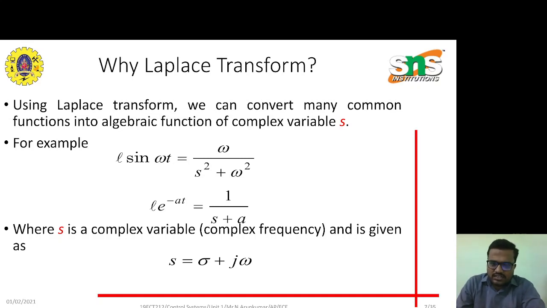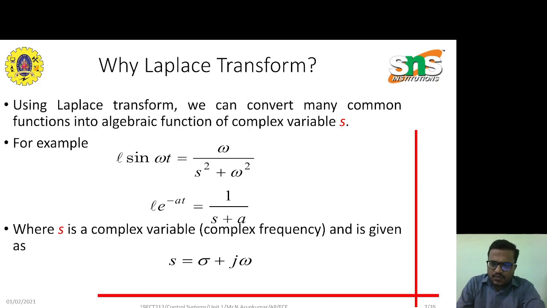One example is sine omega t, because sometimes we may get signals like sine, cos or tan. Laplace of sine omega t equals omega by s square plus omega square, because we are going to calculate only the system transfer function. That is possible only by using the Laplace transformation.